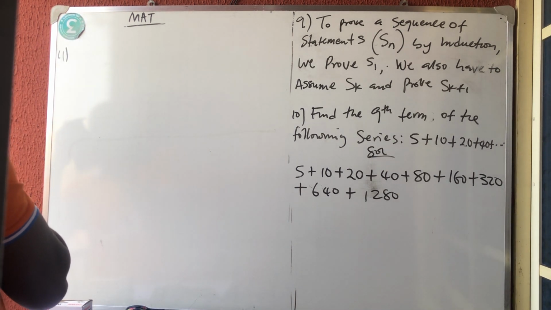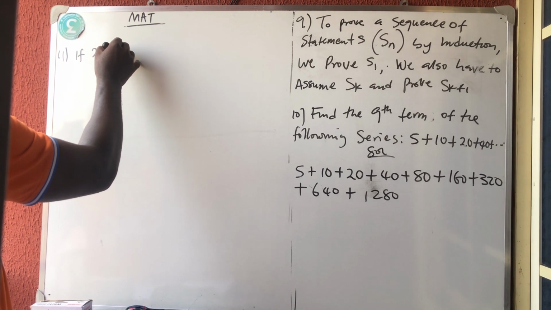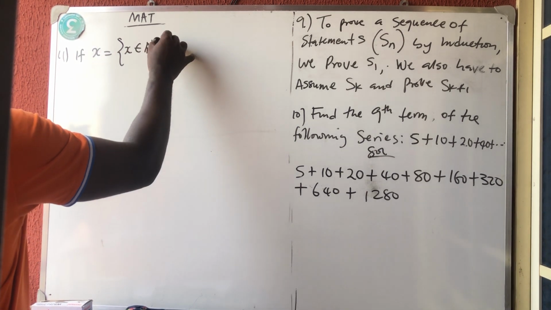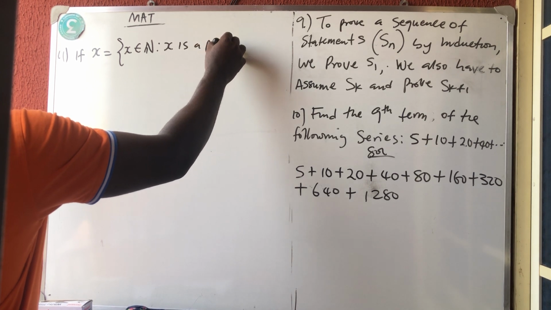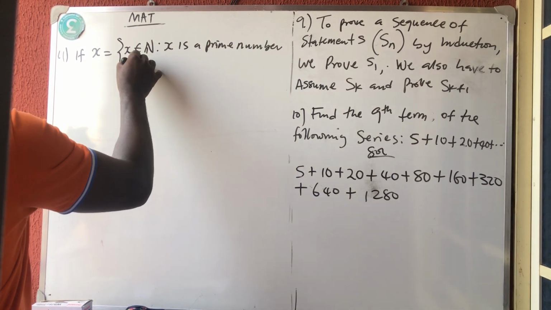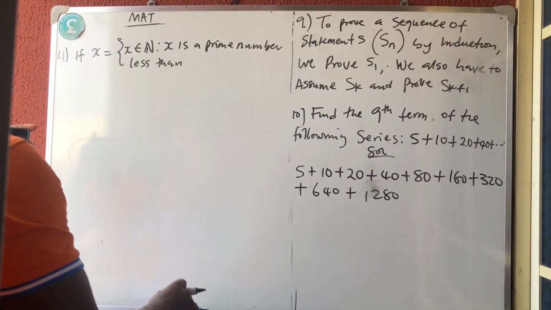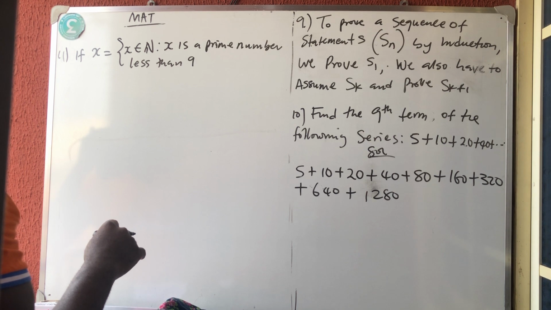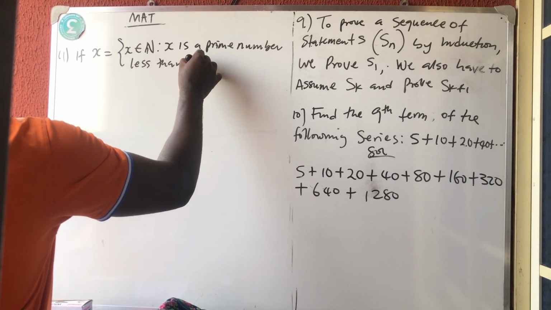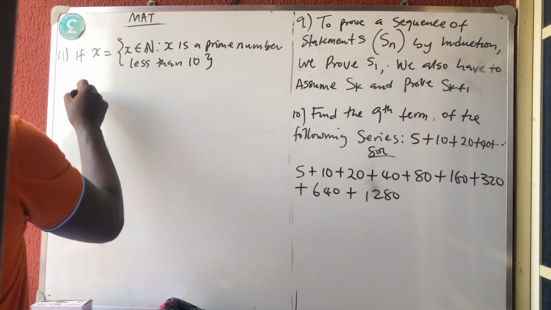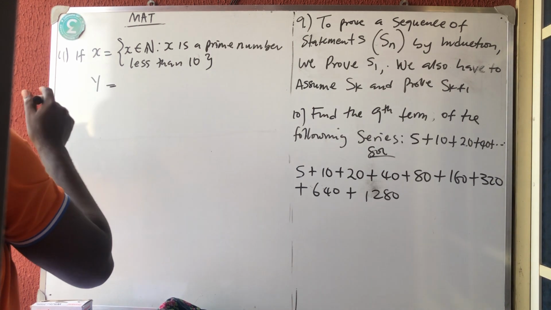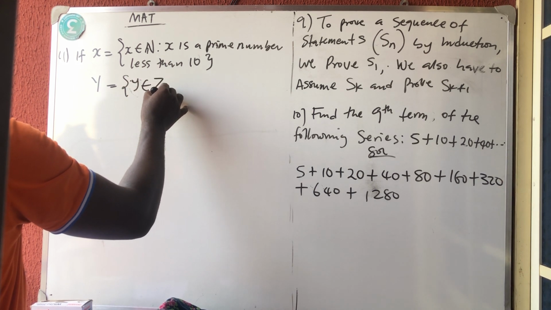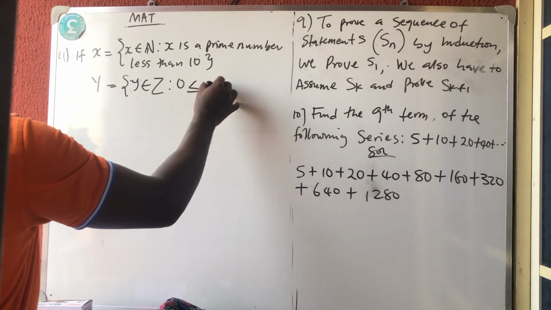Number 11 said that if X is equal to the set of x which is an element of the natural numbers, such that x is a prime number less than 10, then they now say that Y is equal to the set of y which is an element of the integers such that 0 is less than or equal to y which is less than or equal to 10.